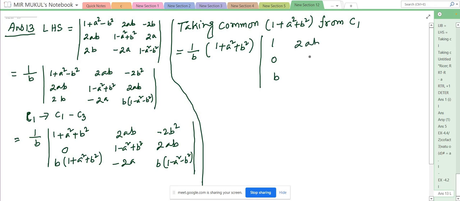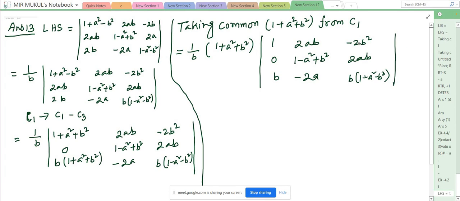Here 2ab, 1 minus a square plus b square, minus 2a; here minus 2b square, 2ab, and b into 1 minus a square minus b square.